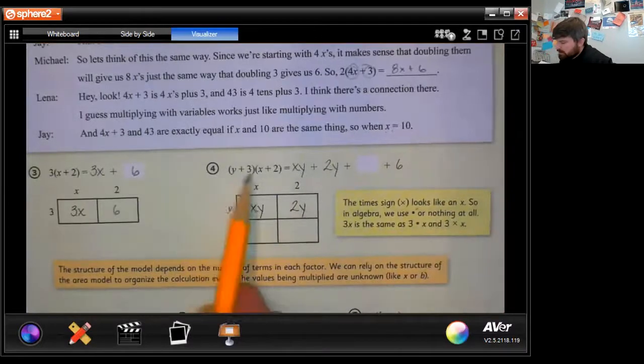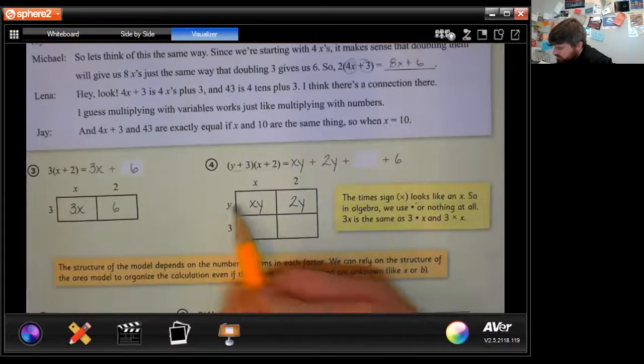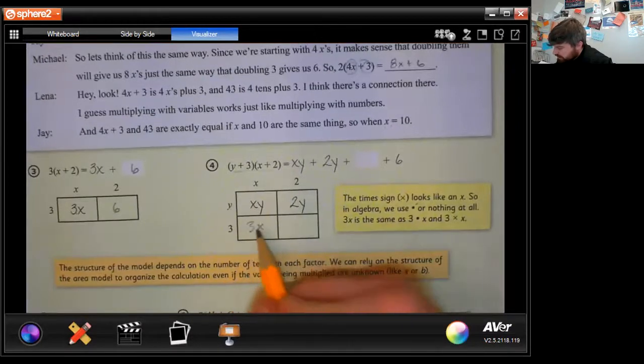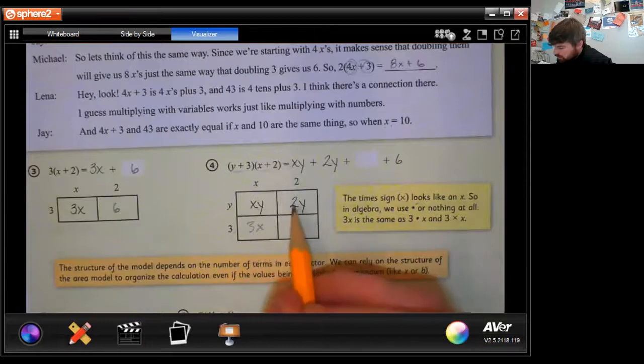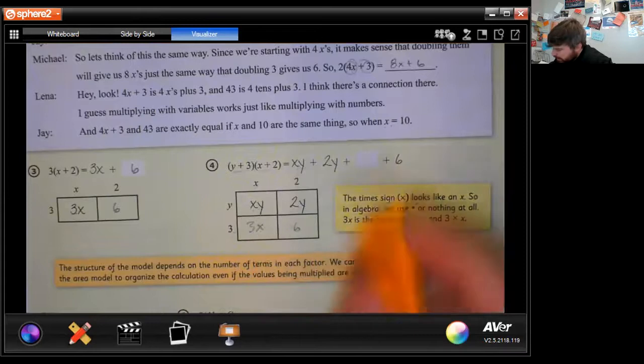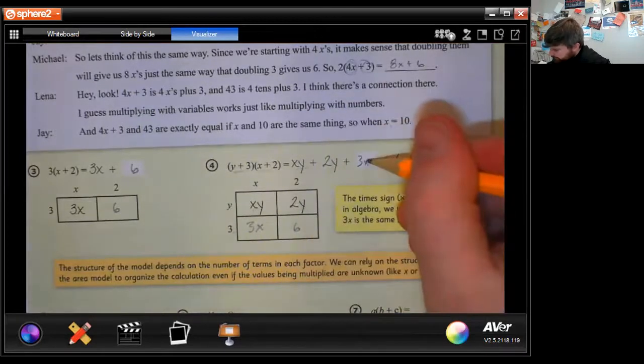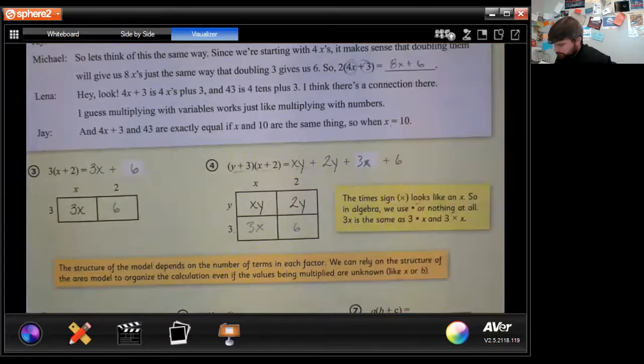So here it's like having a 2-digit number. You have x plus 2, y plus 3. You're still going to multiply them. So x times y is xy, y times 2 is 2y, 3 times x is 3x, and 3 times 2 is 6. And we like to put our letters first. So you have xy plus 2y plus 3x plus 6.